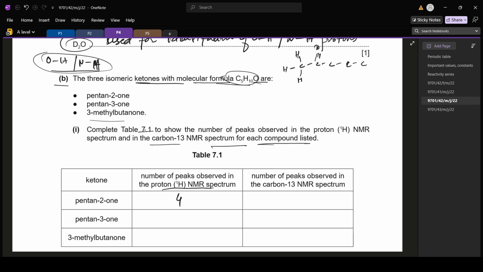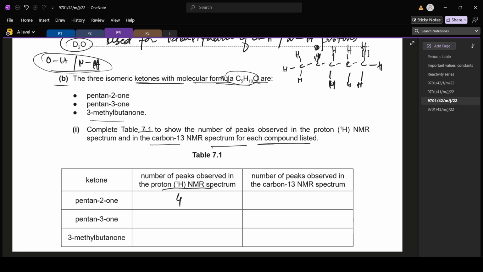So this is your carbonyl group over here, the ketone group, and then you have these hydrogens.